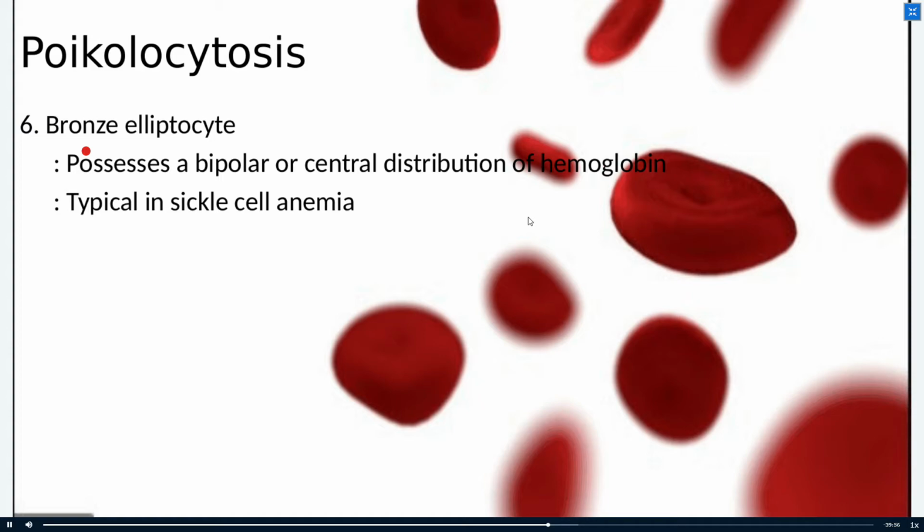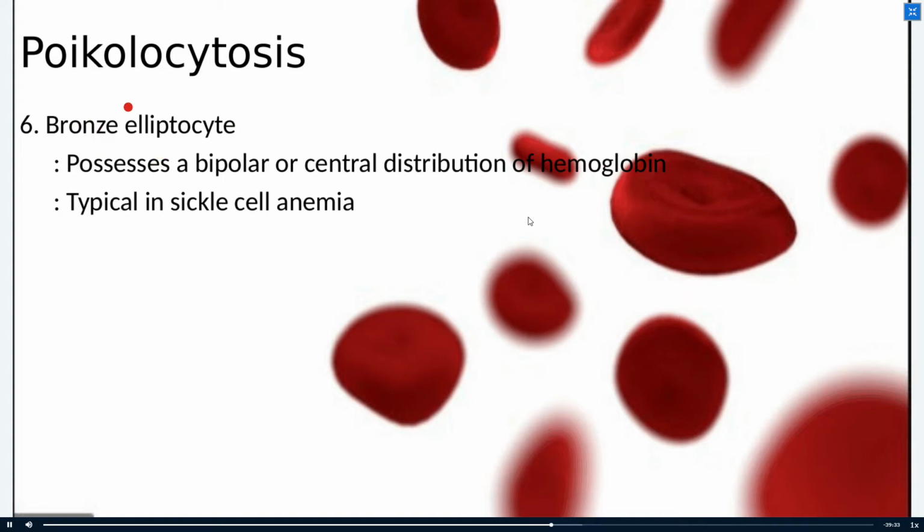Okay, another one, class, would be your bronze elliptocyte. So this time, class, this is a type of elliptocyte that possesses a bipolar or central distribution of hemoglobin and is typically seen in sickle cell anemia.